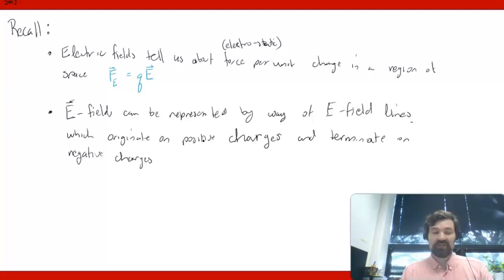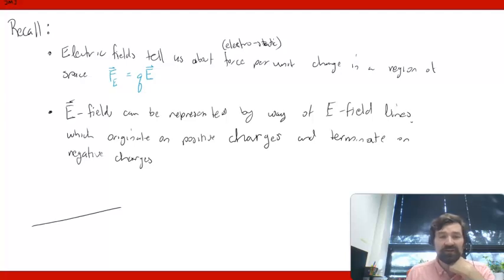E-field lines can be open, that is, they can have an origin point without any particular termination point, meaning they just stretch to infinity, or they can terminate at some point or set of points in space without any origin in space because they originate infinitely far away. I think that those are kind of the main things to say about E-fields.